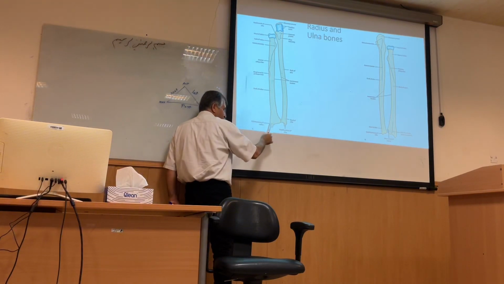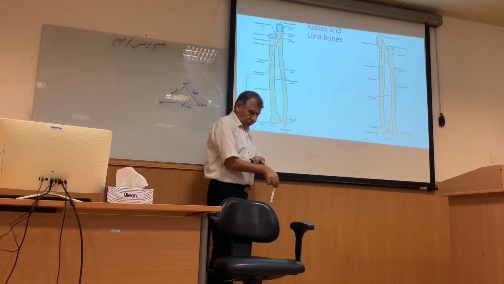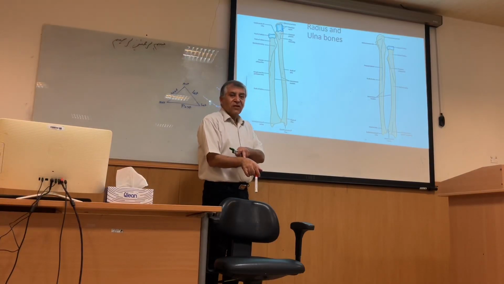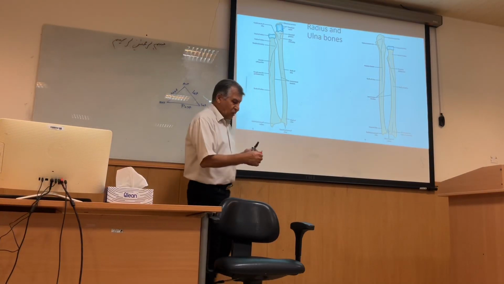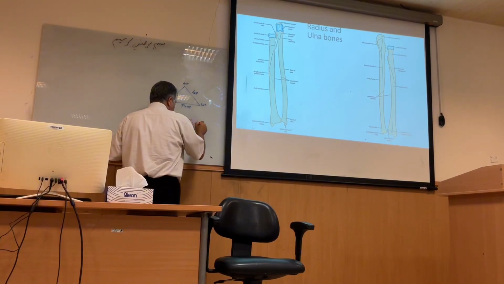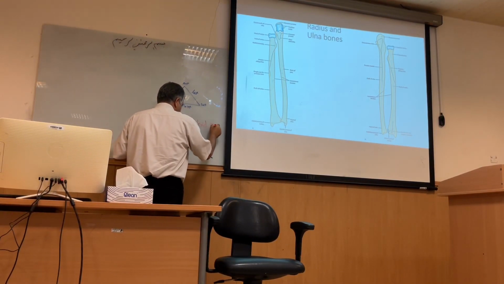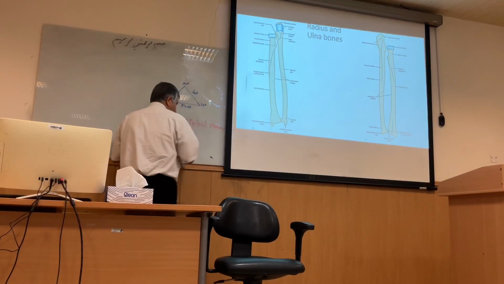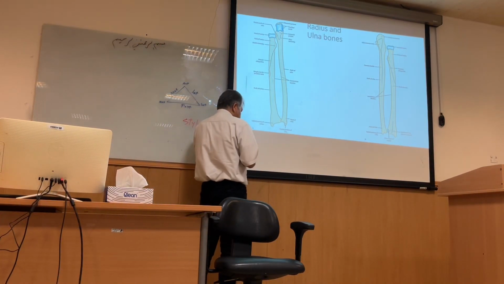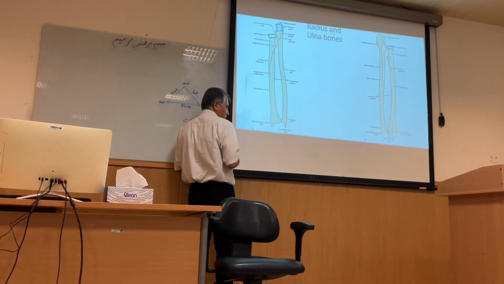The lateral side has this process, called the styloid process. So the medial surface has the ulnar notch, and the lateral surface has the styloid process.